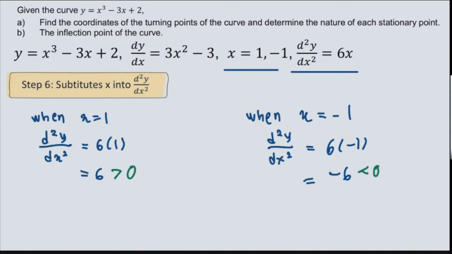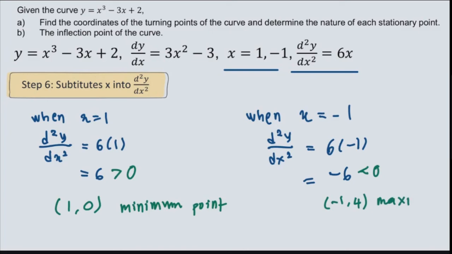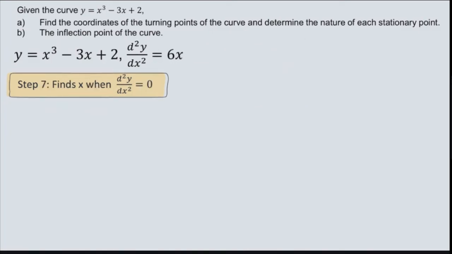Okay, so from here, we can conclude that from the coordinates that we found before, 1, 0 is the minimum point and negative 1, 4 is the maximum point.